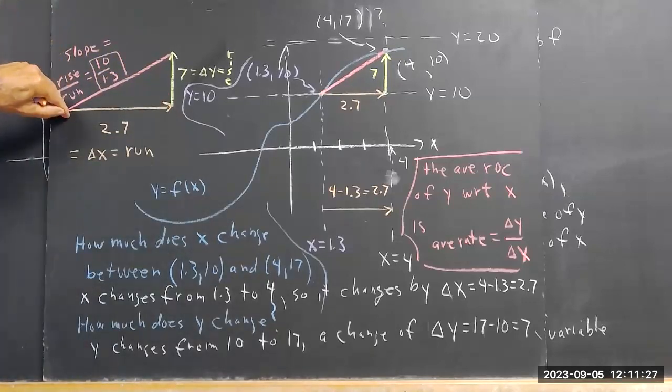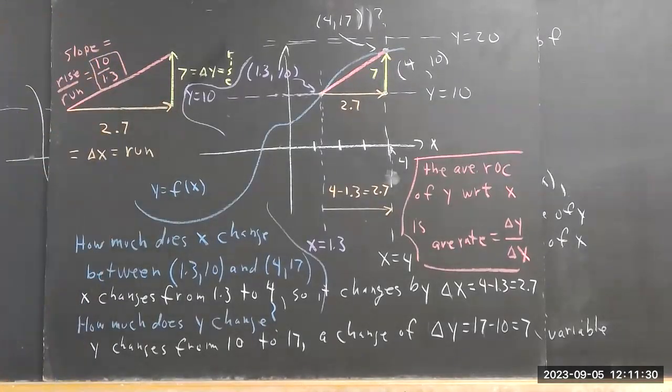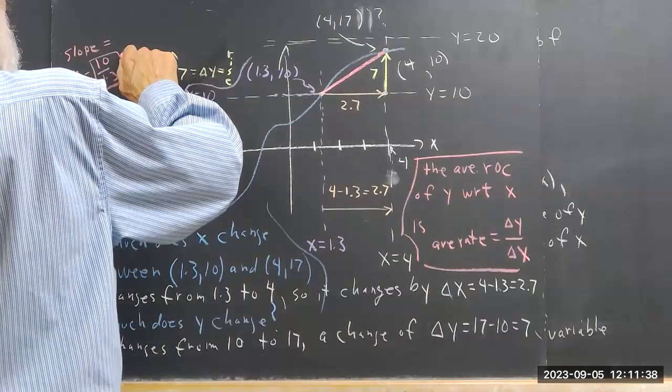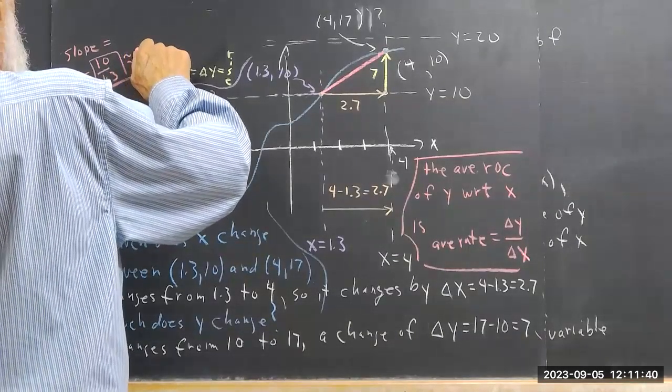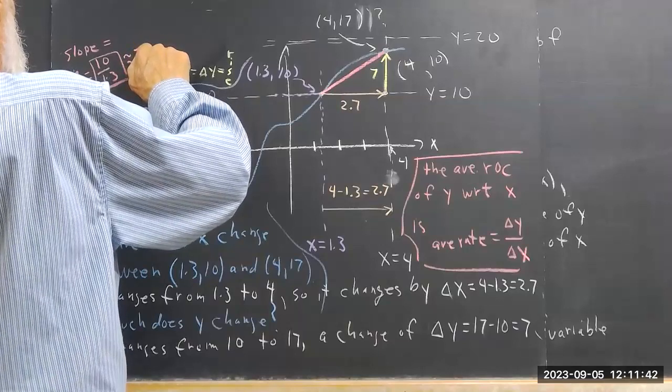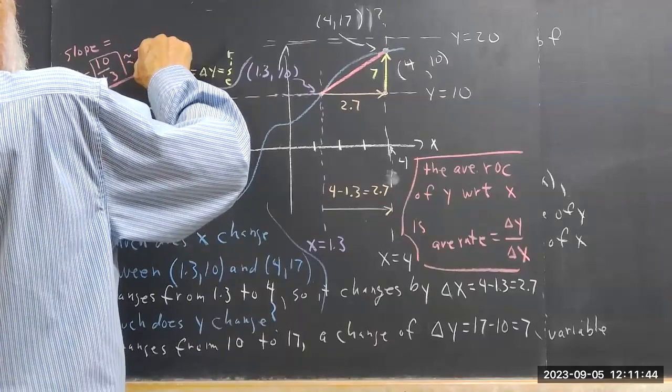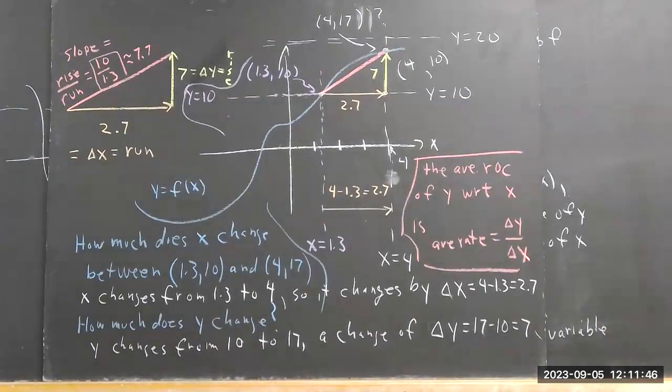Slope equals rise divided by run, which is 10 over 1.3. That's approximately 7.7. Pretty close to 7.7.